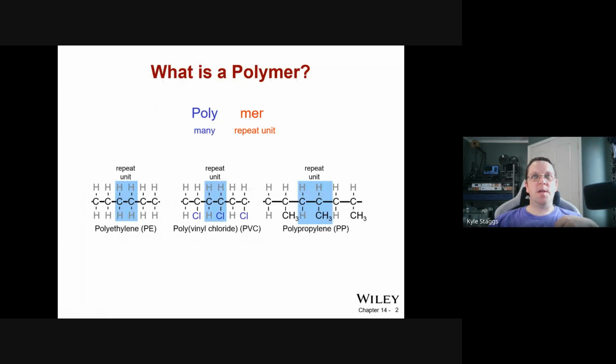So polymer is a combination of words, just meaning that it has many units repeated. Depending on what the chemical makeup is, in many cases, a two-carbon chain. It's not always a two-carbon chain, but for the sake of thinking simply, common examples are polyethylene, polyvinyl chloride, polypropylene.